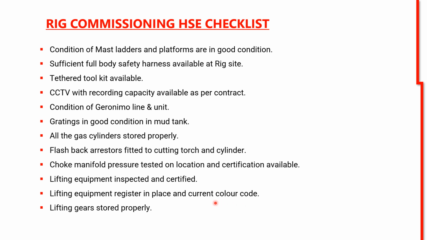For now, understand that there should be a color code on all the lifting gear or lifting equipment. In other industries, such as construction and oil and petrochemical plants, the color coding is monthly. But on the rig, the color coding frequency is 6 months. One color runs for January to June, and the other color for June to December.